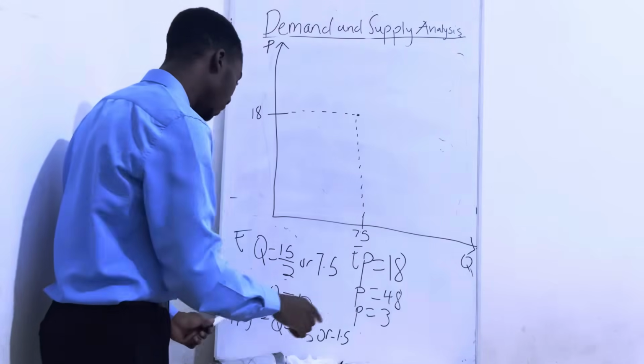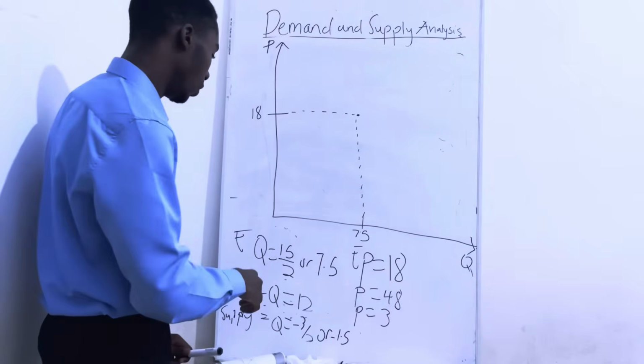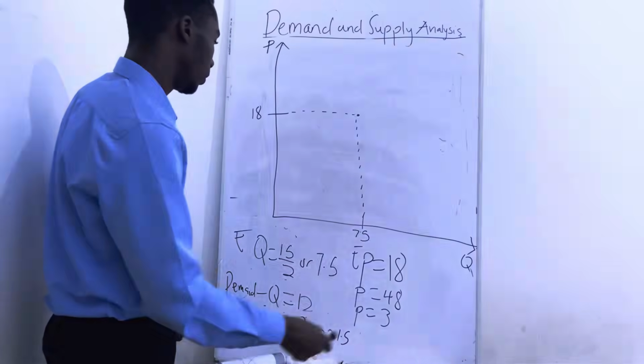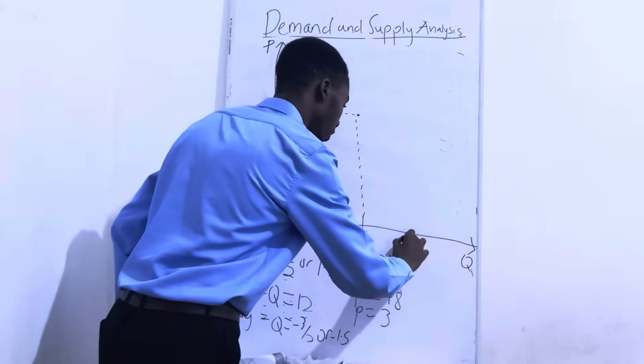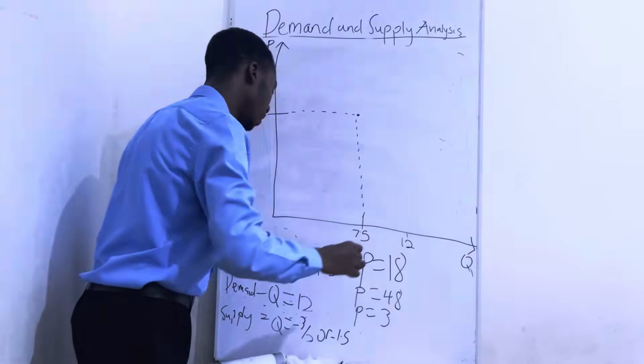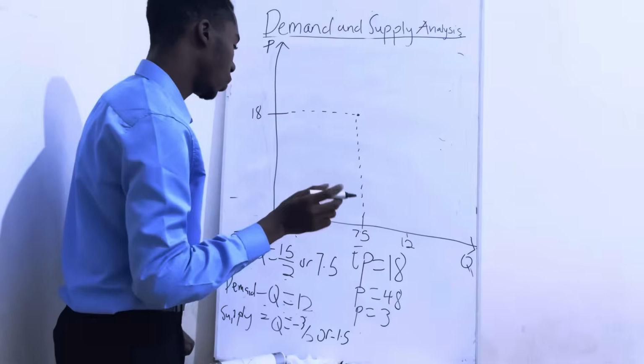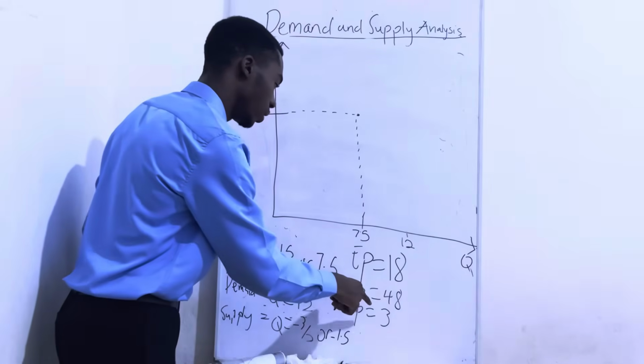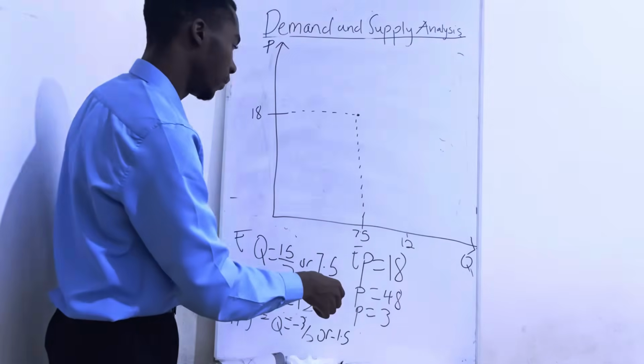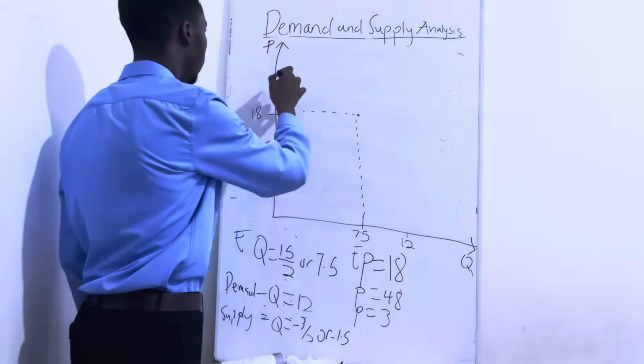For the demand, when we made the price 0, for the quantity we got 12, so we also punch it on the graph. And when we made the quantity 0, the price we got was 48. That's for the demand function.